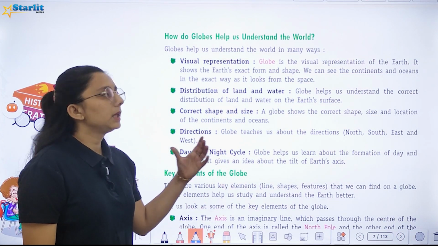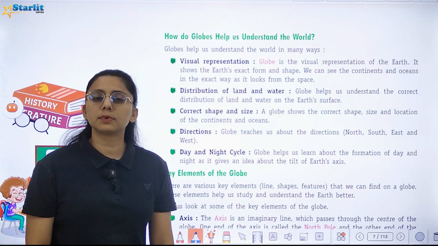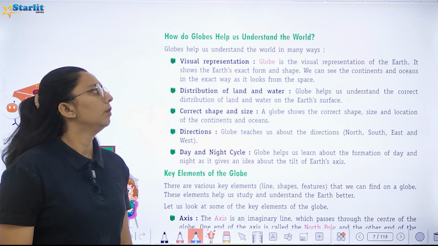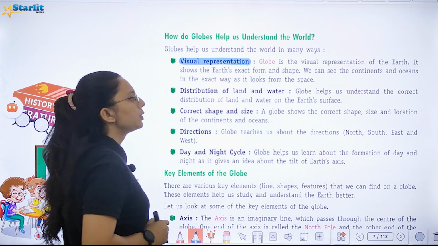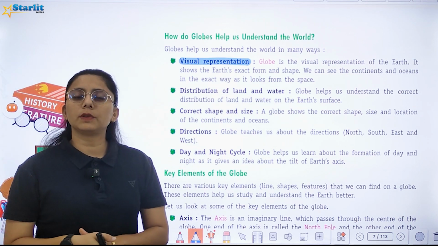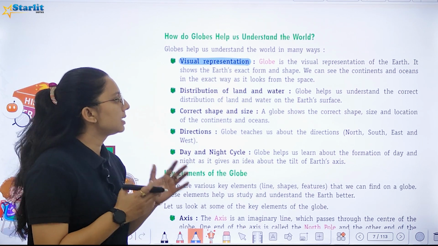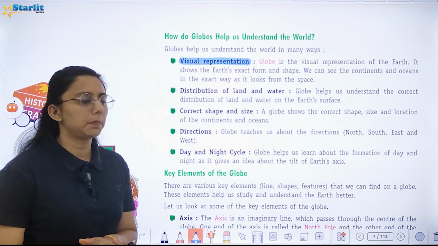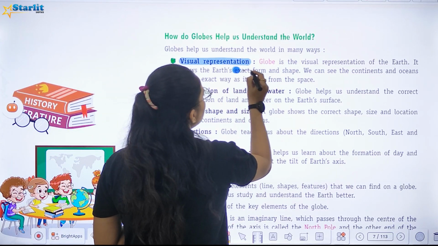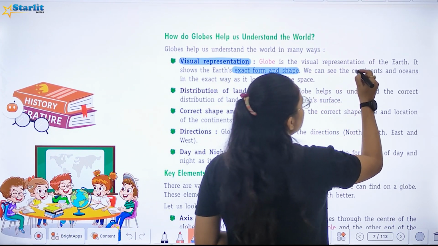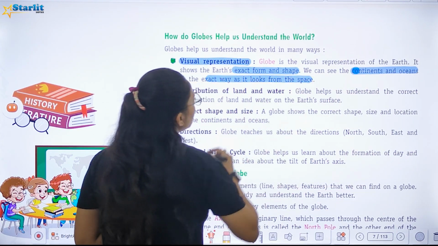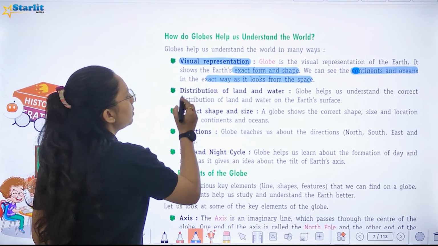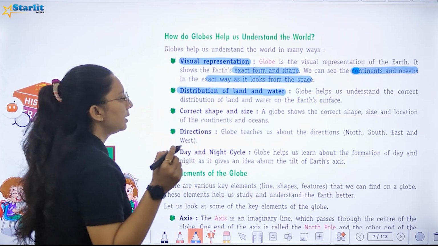Now another topic is how do globes help understand the world. First is visual representation, right? So it is a visual representation of the earth. What it shows is exact form and shape, right? We can see continents and oceans, the exact way as it looks from the space. Next is distribution of land and water.